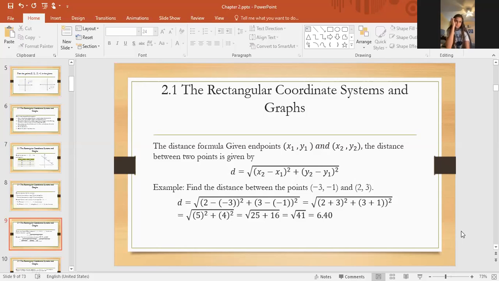For example, when we have 2 points, (-3, -1) and (2, 3), we take the difference between the x values: 2 minus -3, which is 2 plus 3 equals 5. And for the y, we start with the second one, 3 minus -1, which is 3 plus 1 equals 4. So we are going to have 5 squared plus 4 squared, which is 25 plus 16 equals 41. And we take the square root of 41. That is the distance between the 2 points.